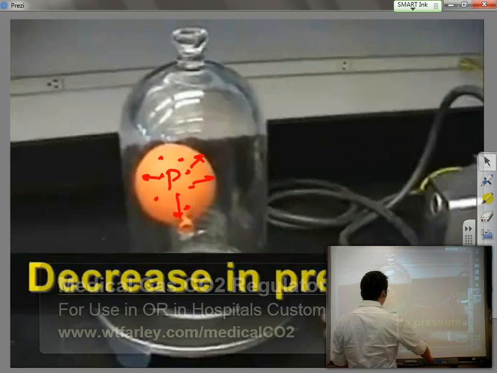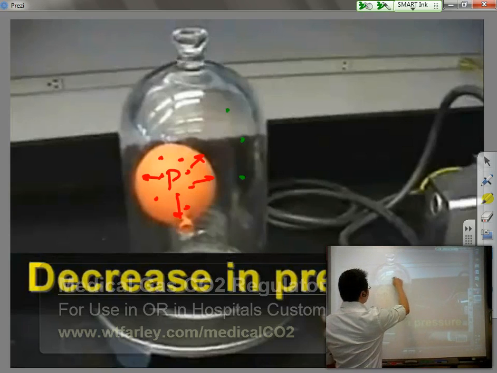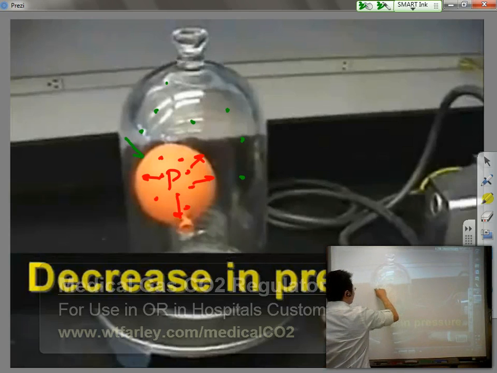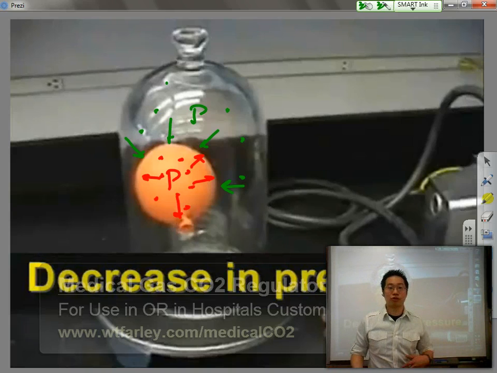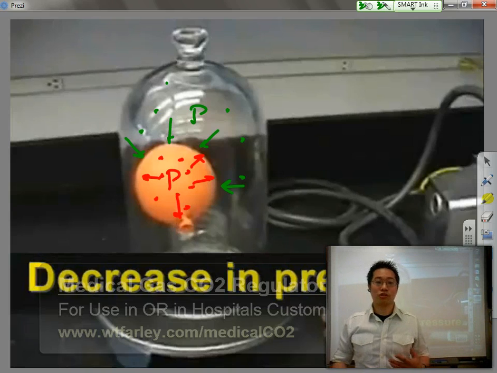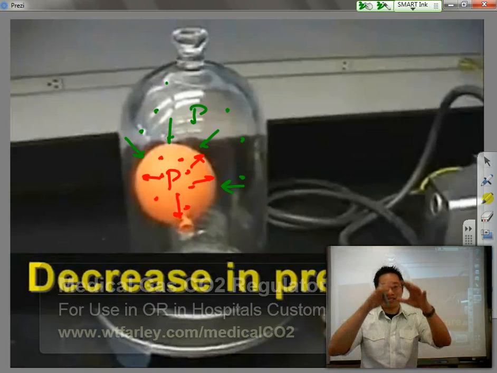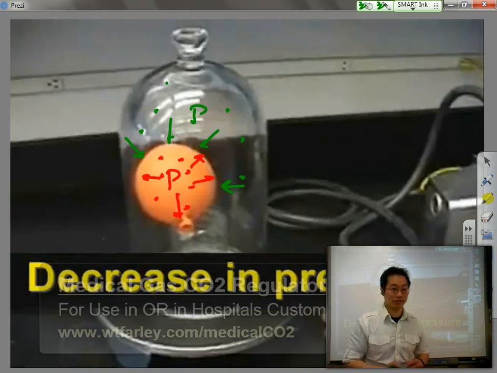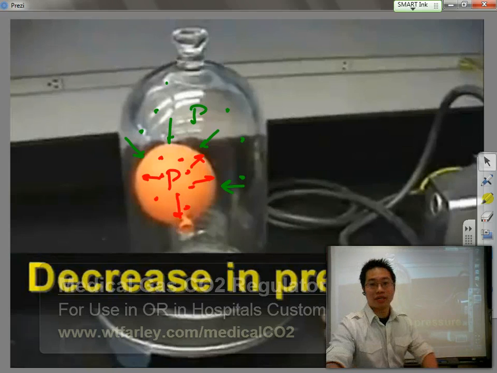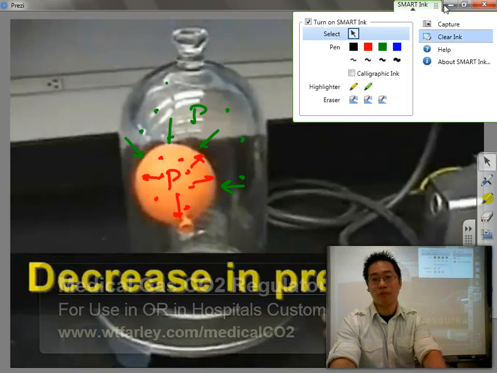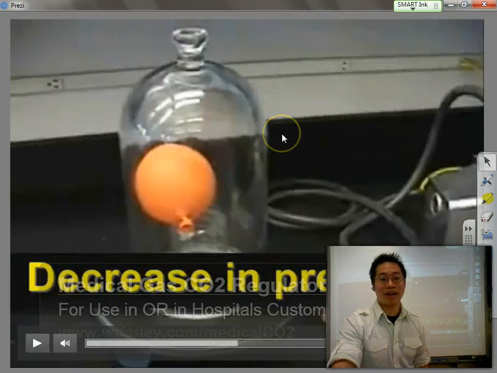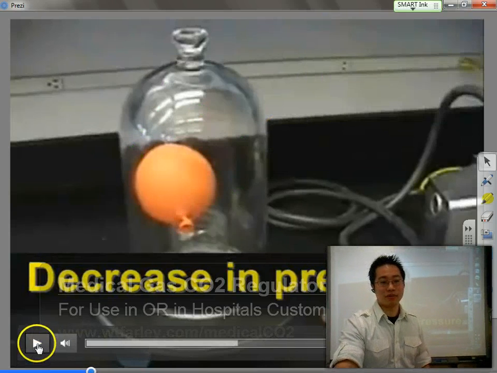And outside, of course, we have gas molecules as well, and they are applying a pressure from the other direction. Those two pressures are going to cancel each other out, which is why the balloon stays exactly the same shape. But now they're going to use a vacuum pump to get rid of the air outside of the balloon, and let's see what happens.